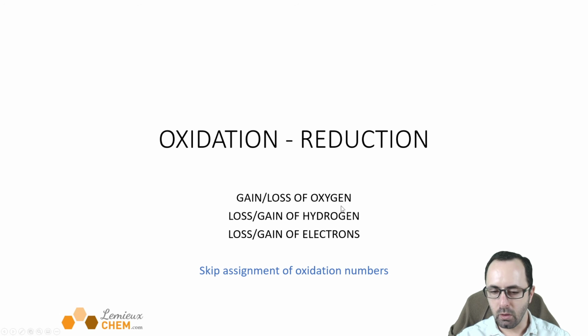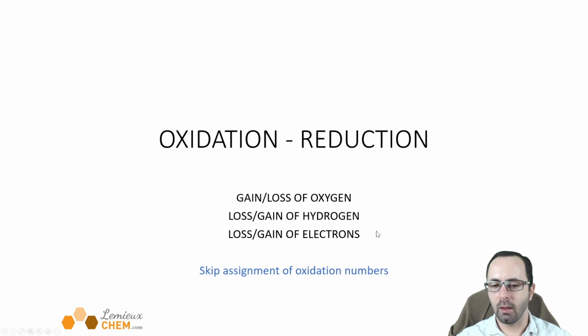So we're going to talk about oxidation reduction instead of assigning oxidation numbers in terms of gain or loss of oxygen atoms. That's actually where the term oxidation came from. It originally corresponded to the gaining of oxygen atoms. But now oxidation reduction has a much broader definition, so we can also refer to oxidation and reduction in terms of the loss or gain of hydrogen atoms.